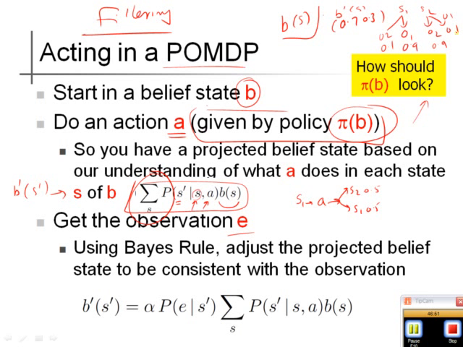You got some evidence, and given that evidence, you have to recompute the probability over the states. That would be P of E given S times P of S, divided by P of E. Evidence is symptom, state is disease, and you just used the Bayes rule to update the probability distribution. One of the things you know from the Bayes rule is that this is given as part of your sensor model. This is called the sensor model.